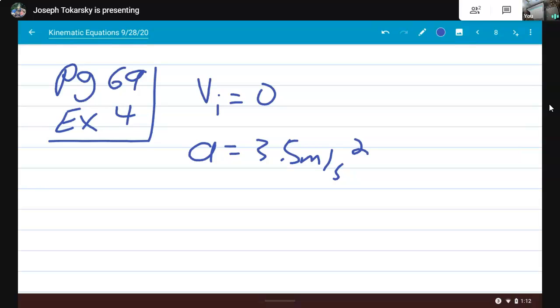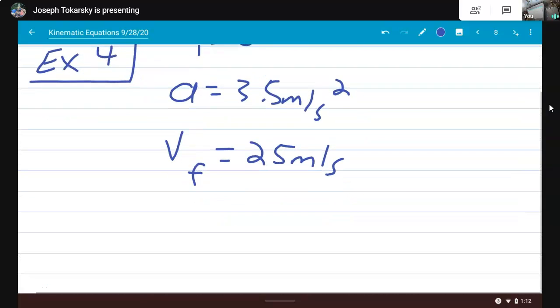What variable do we list 25 meters per second as? Can't be a time, right? Yeah. Final velocity, that's what we get up to, right? And we already identified the fact that we're solving D.